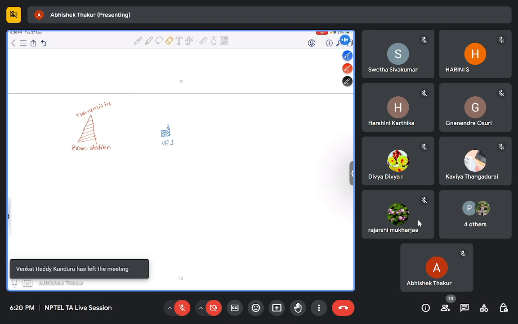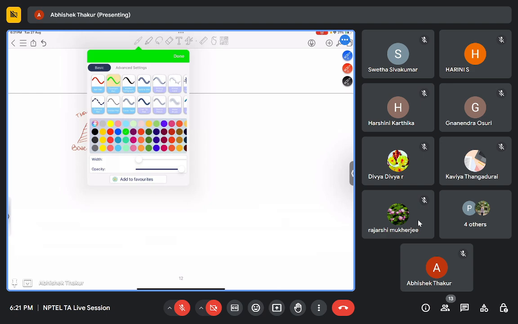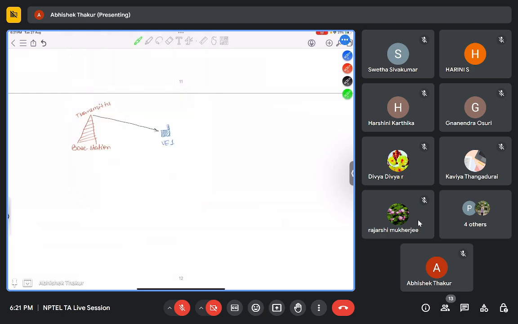Whenever a signal is transmitted from the base station, it can directly reach user 1, or it can reflect from a tree or building. Let's suppose there are some trees and buildings, so it can reflect and then go like this.